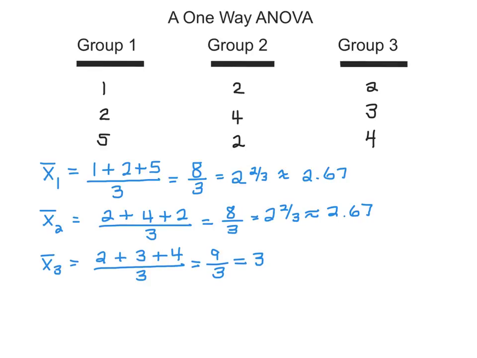Now the next thing we're going to do is find the grand mean. To find the grand mean, we want the sum of all of our values divided by the total number of values, n.